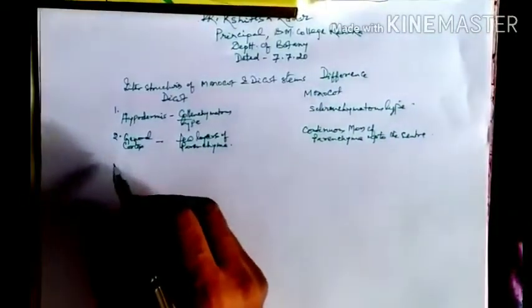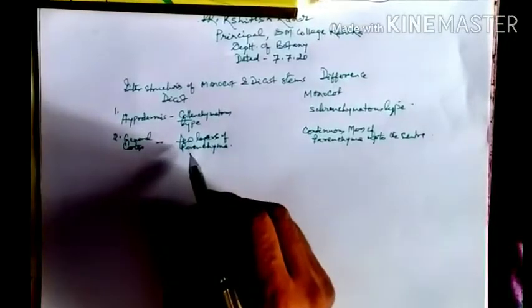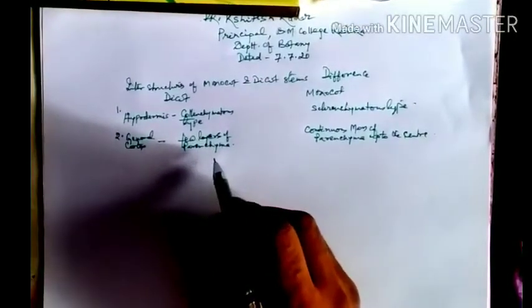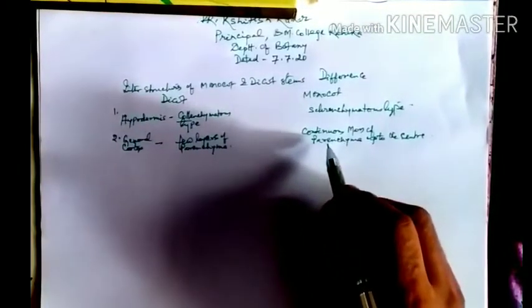So that second difference is about the general cortex. Here in the dicot, it is a few layers of parenchyma, and here in the monocot, it is the continuous mass of parenchyma up to the center.